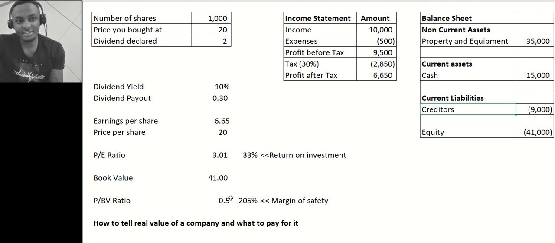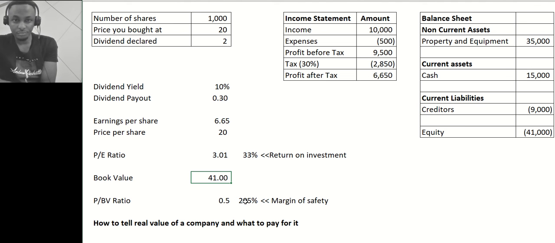Because what happens in the stock market is you have your two emotions, fear and greed. Let's say something happened in this company and people have panicked and started selling this share without sitting down to calculate the book value. Maybe that's why you are able to buy this share for 20 bob, whereas the true value is 41.